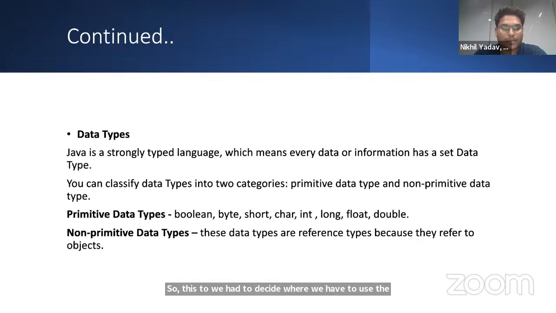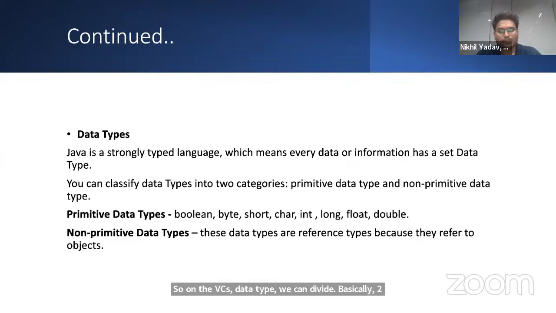We have to decide whether to use a static, non-static, or local variable depending on our requirement. Java is a strongly typed language, so we need knowledge about data types. Before creating any variable, we have to declare the data type of that variable. Data types are basically divided into two types: primitive and non-primitive.